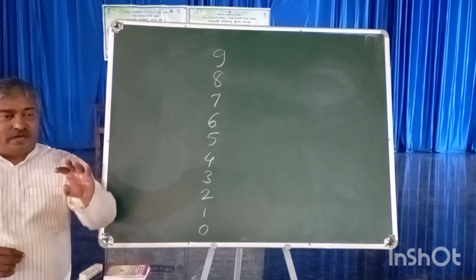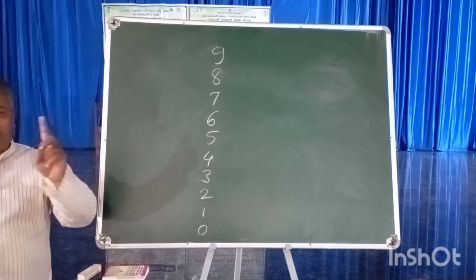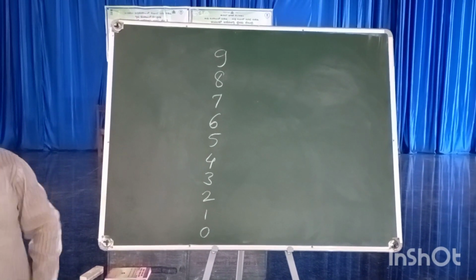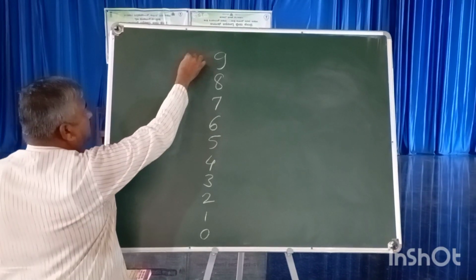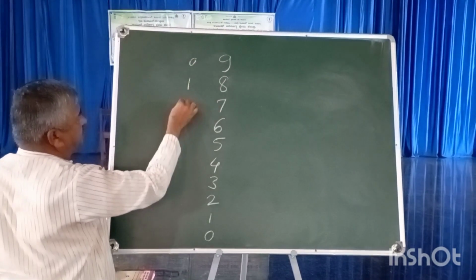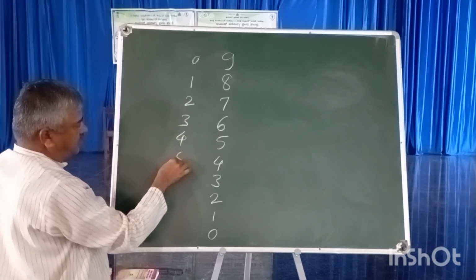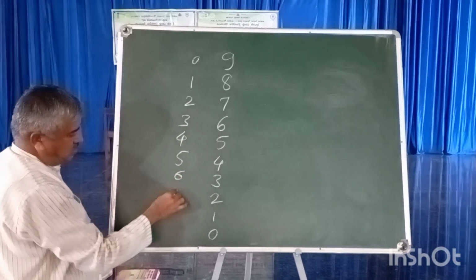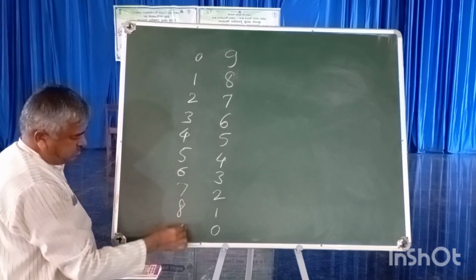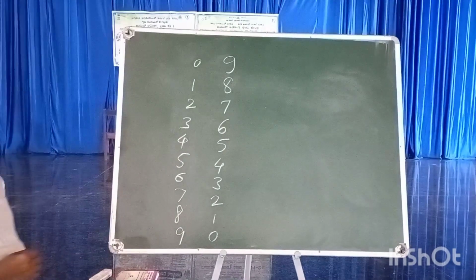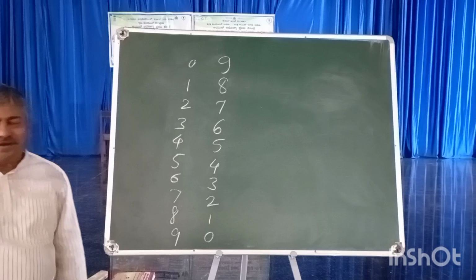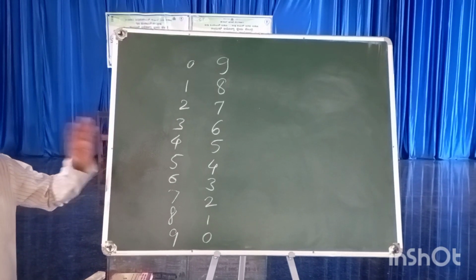Now reverse it, means 0 to 9 in an ascending order. Come on. 0, 1, 2, 3, 4, 5, 6, 7, 8, 9. Is it clear? Yes, sir.